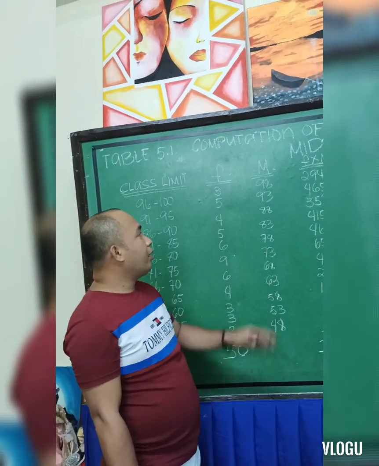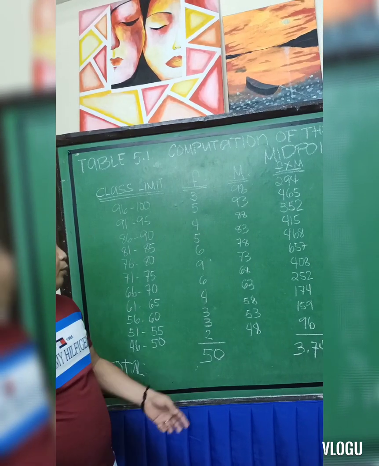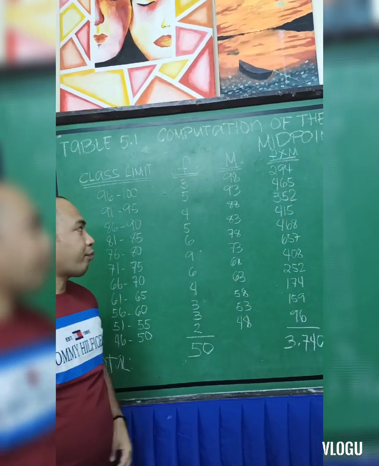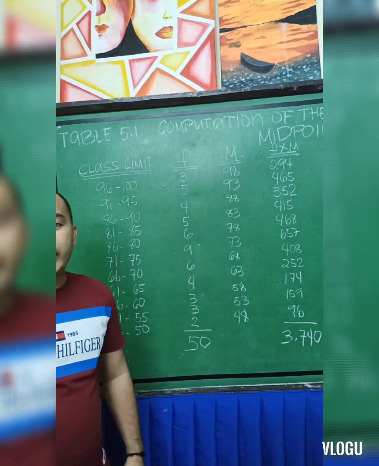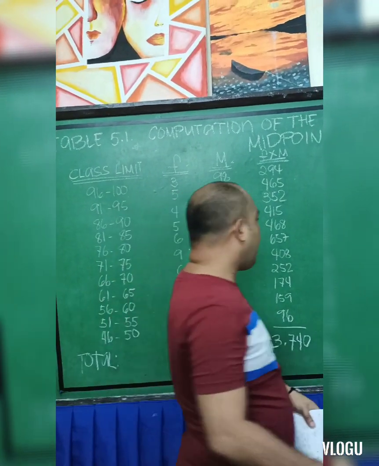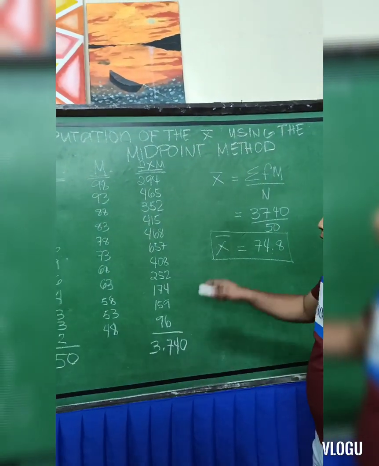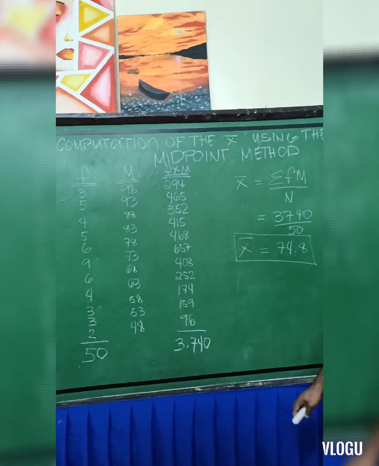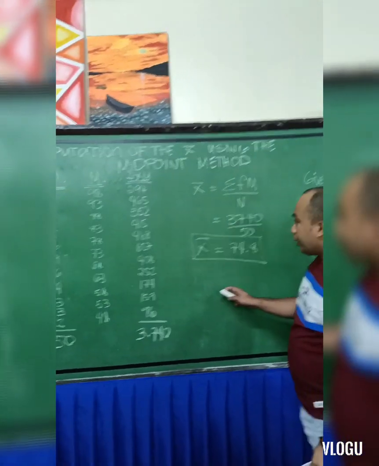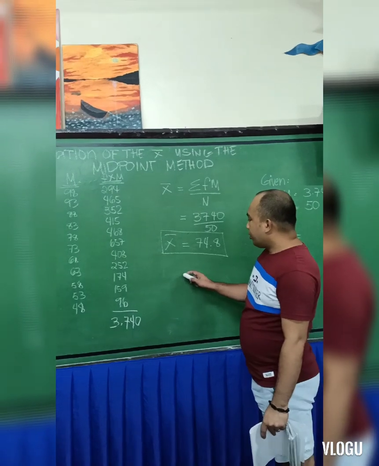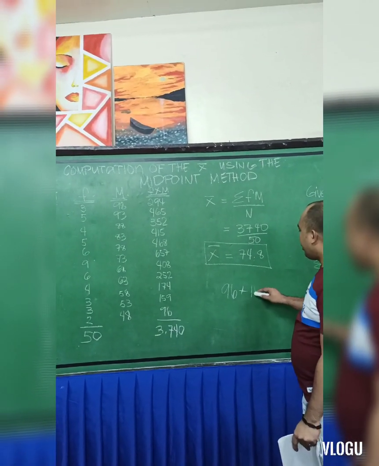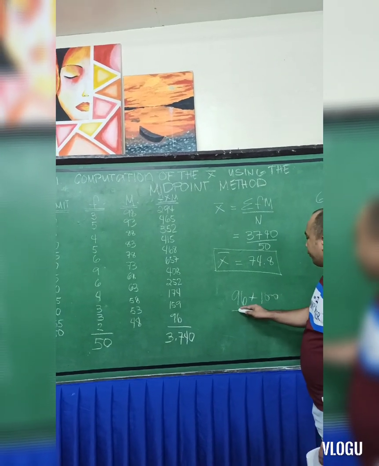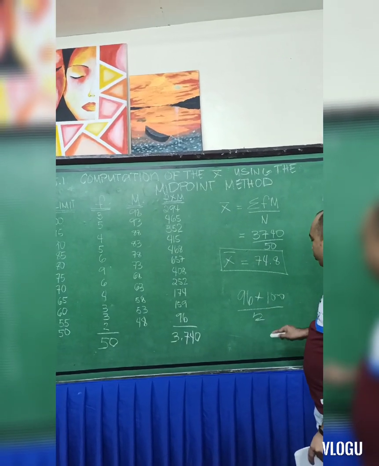Next, the third column is our midpoint. How do we get the midpoint? For example, for the midpoint of 96 to 100, we simply add 96 plus 100 divided by 2.